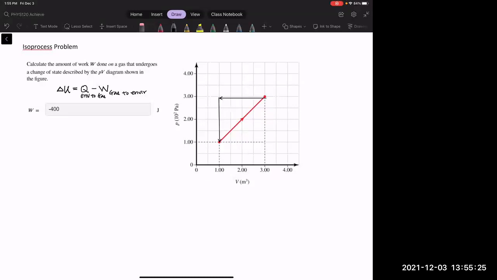And then if you look at the solution or the example video, we tell you how you calculate these things, right? So the first thing you need to calculate is this U, internal energy.